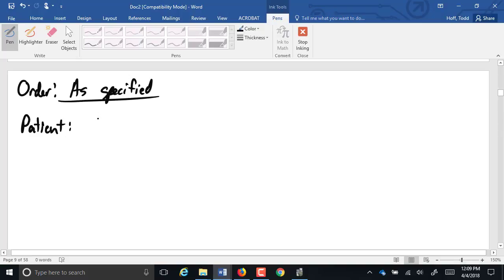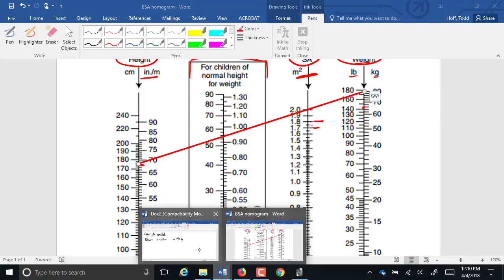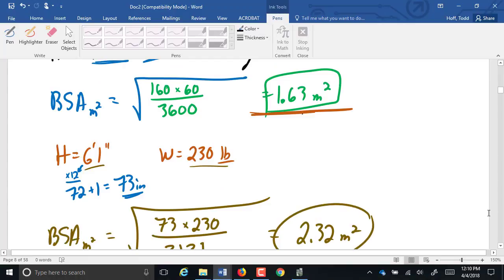Our patient is going to have a height of 165 centimeters and a weight or mass of 90 kilograms. So this one I believe would be just off the chart of the nomogram. So we wouldn't be able to use the nomogram here even if we wanted to.